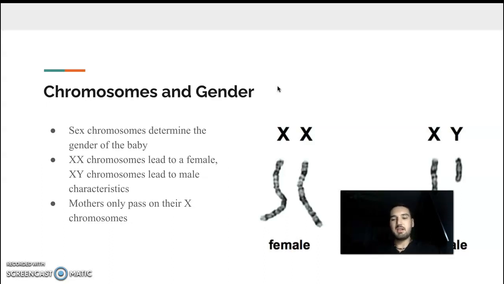The male has the XY, so it's possible for the father to transfer over the Y chromosome to his next offspring. And so we see the importance of having these chromosomes, because these chromosomes eventually lead to the development of either masculine or feminine features of the fetus.